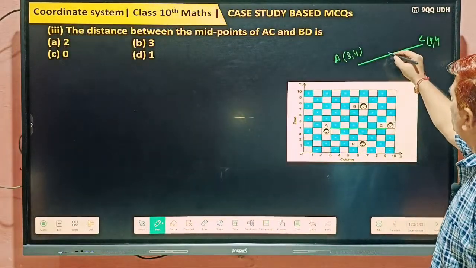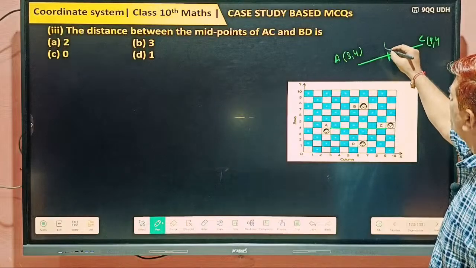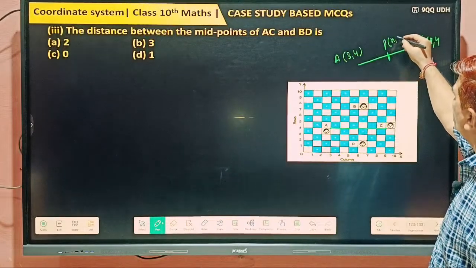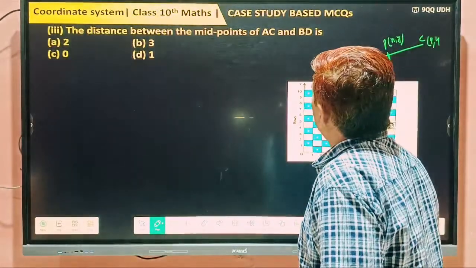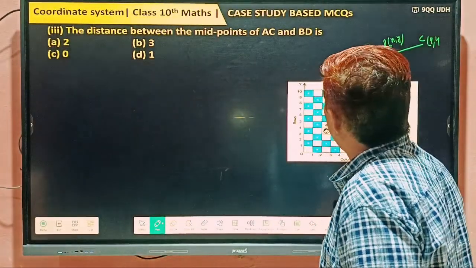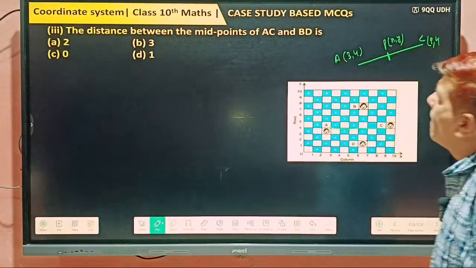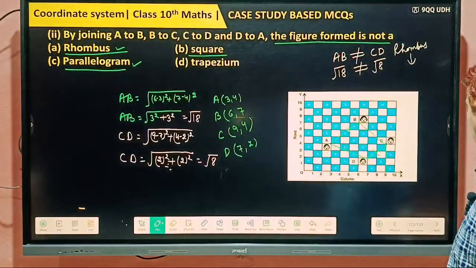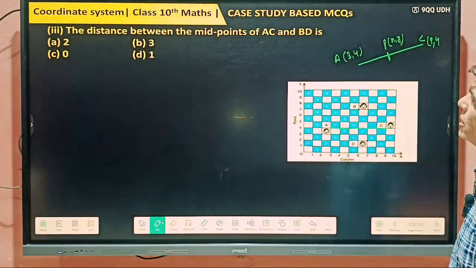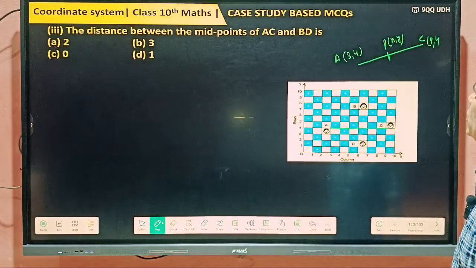Midpoint of these. So midpoint of this we can say P, whose coordinates are X and Y. We have to find out the distance between the midpoint of AC.